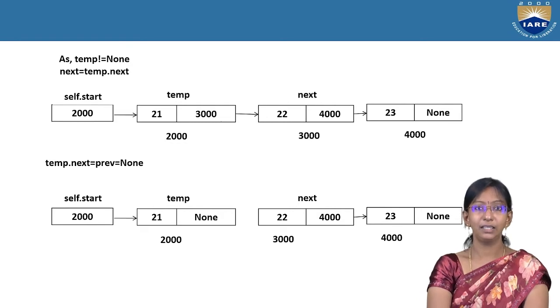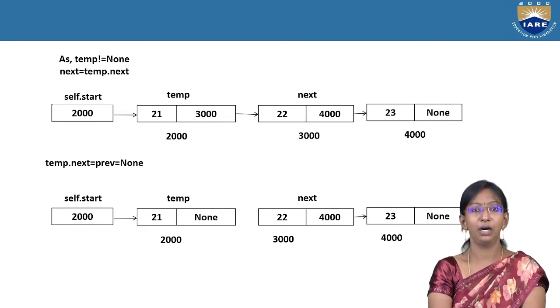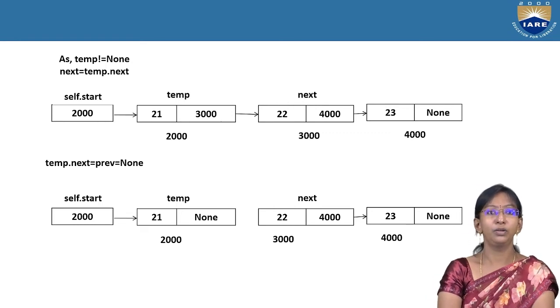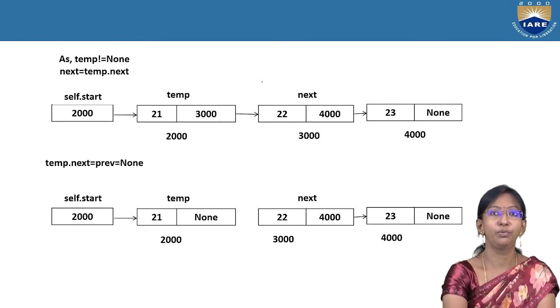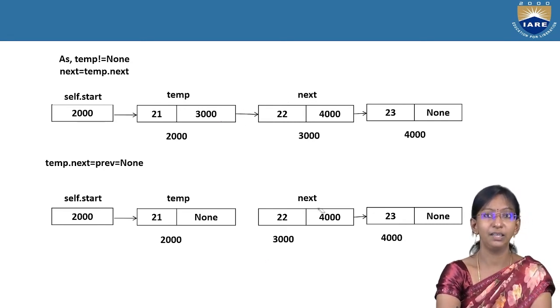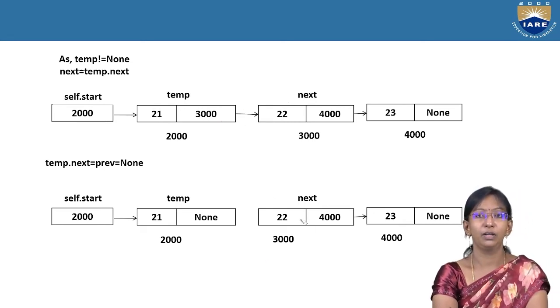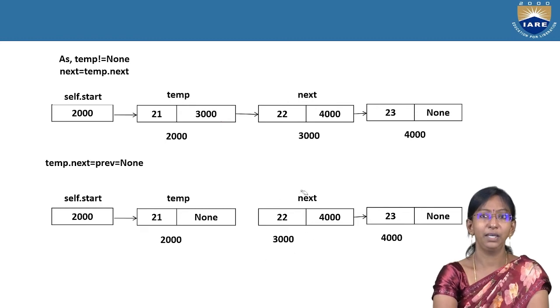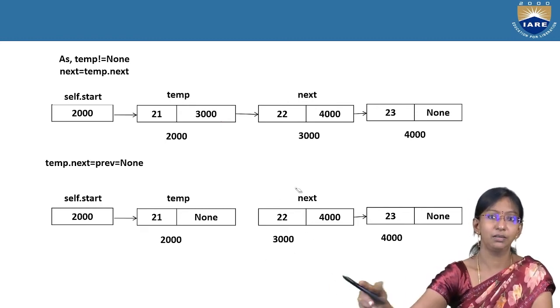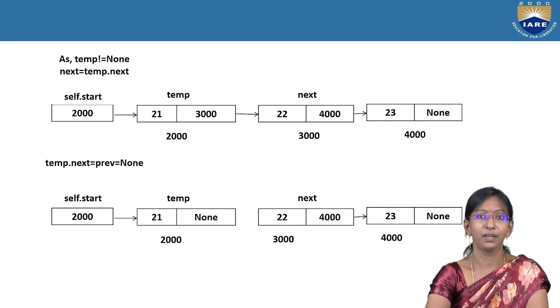You can see that the list is now broken into two pieces, but even though you have broken the chain, you didn't lose the content, because next is the node which holds the remaining part of the list. Whatever the list may be, it is holding it.